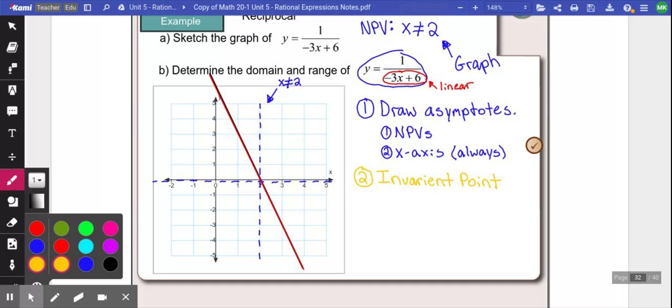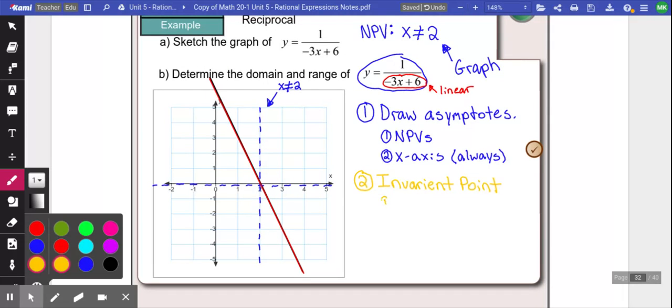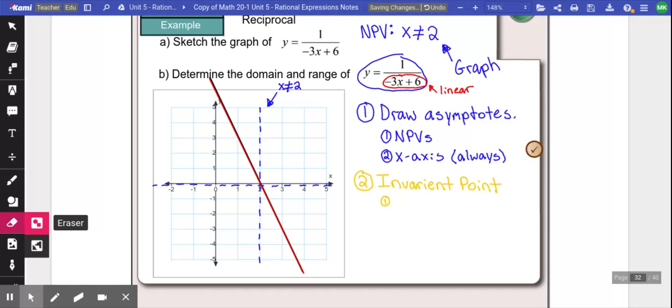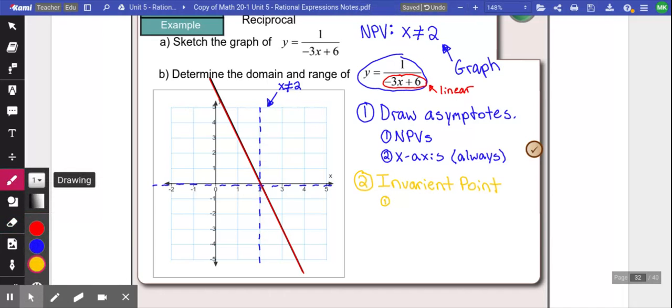Invariant points are points on graphs that will be on both that straight line and that overall rational expression or that reciprocal function. Invariant points happen when y equals 1 or when y equals -1.